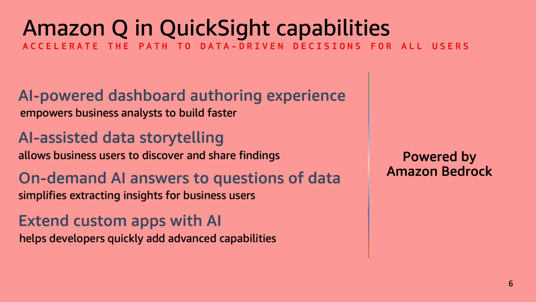Last but not least is extending custom applications with AI. The embedded analytics benefit here allows the integration of Amazon Q AI capabilities into custom applications and portals, so you can reflect them on, let's say, your own websites. It provides programmatic access to Q's natural language processing and insight generation.